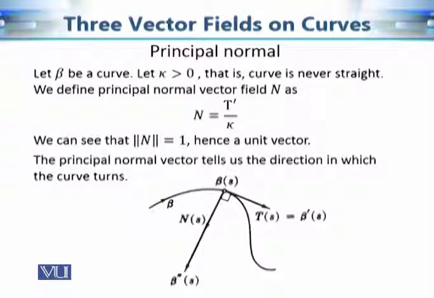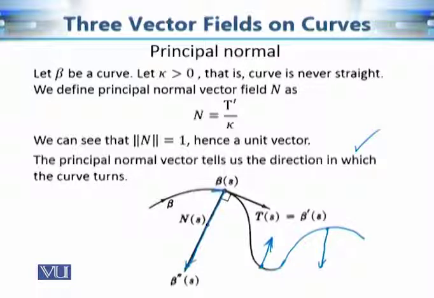For example, at this point we can see that the curve is going to turn to the right side, and at this point the curve is going to turn in this direction, so the principal normal vector field at this point will be in this direction. Similarly, if the curve is like this, then it will be in this direction. So it is always somehow inside the curve. This is the geometrical interpretation, and of course it contains some more geometrical information that we will extract later on.